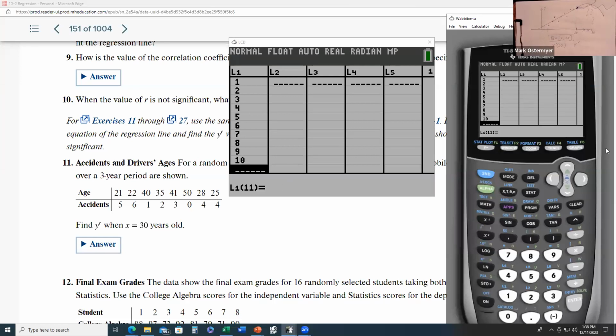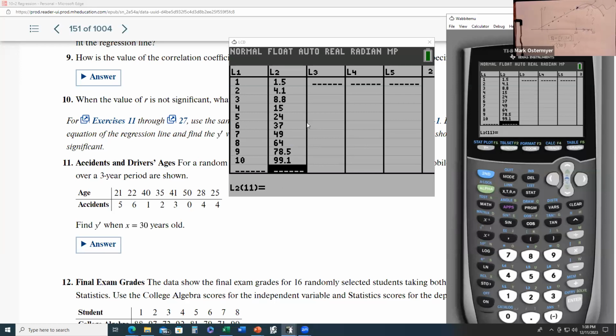Suppose my Y coordinate data is 1.5, 4.1, 8.8, 15, 24, 37, 49, 64, 78.5, and maybe 99.1 or something.